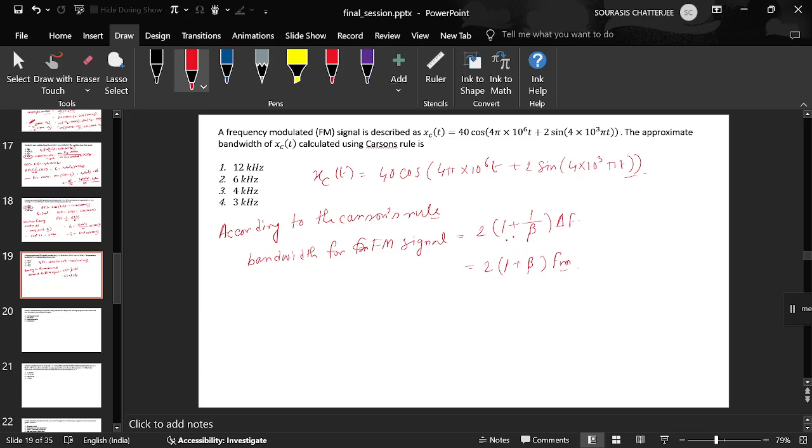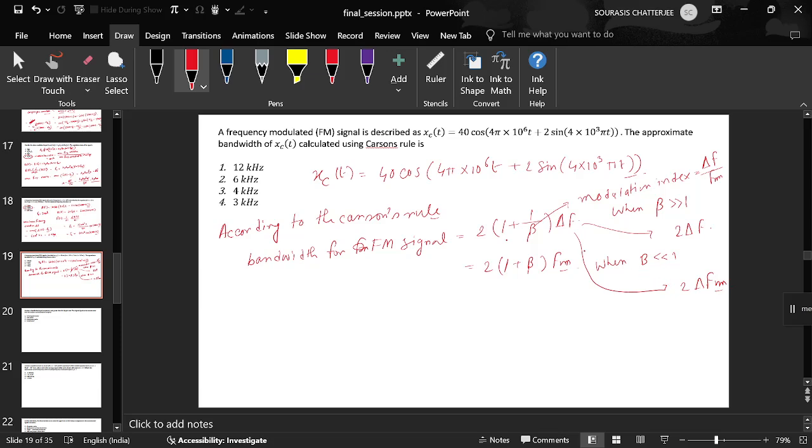So you can see from this expression, first of all this beta is the modulation index, which is given as del f by fm. So when beta is much greater than 1, this approximately becomes 2 times the maximum frequency deviation, and when the modulation index beta is much less than 1, this is approximately equal to twice the maximum frequency content of the message signal.